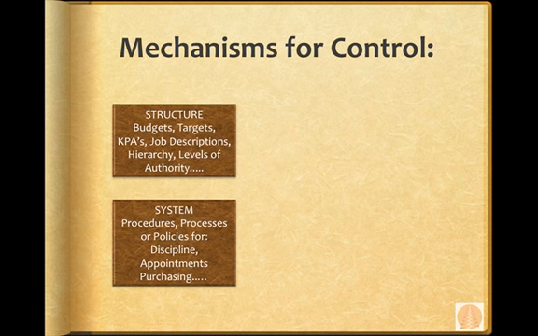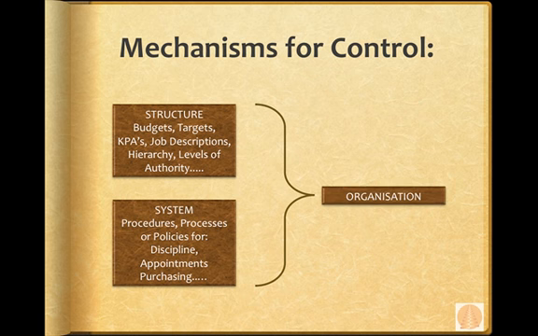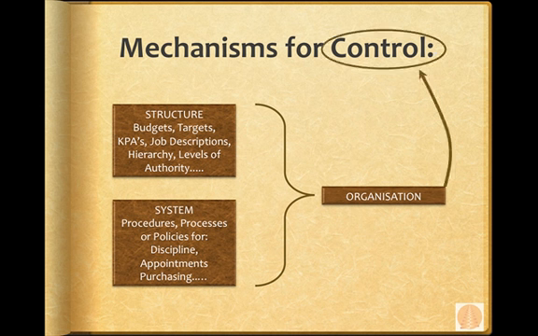These two themes of structure and system together account for the issue of organization, in the sense of organizing something, which suggests that an organization is not much more than a web of control mechanisms that one understands either through the prism of structure or through the prism of system.